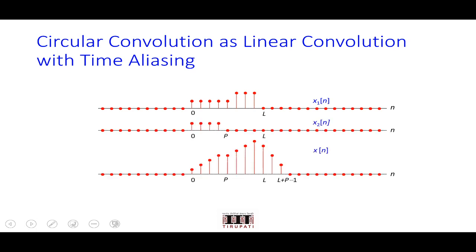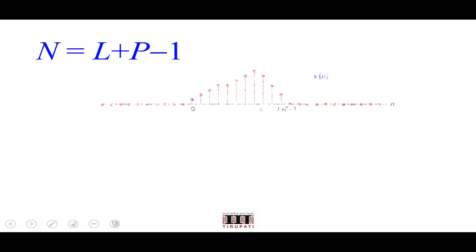That's all you have to do. So this is what we have seen. If you have length L and another sequence of length P, the linear convolution of them would have a length L plus P minus 1. So what you are going to do now is use an N point DFT where N is equal to L plus P minus 1.